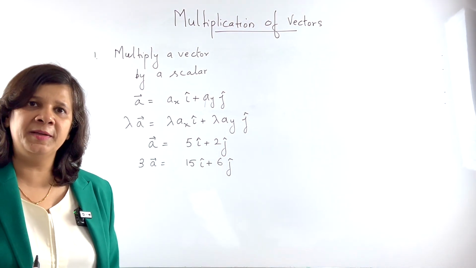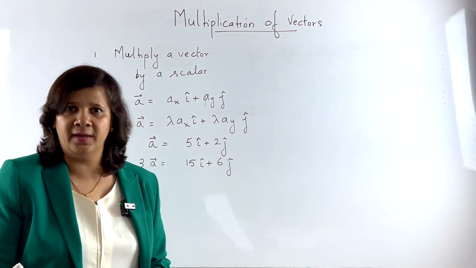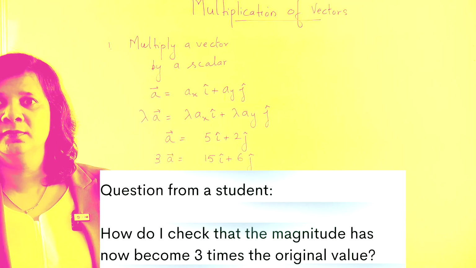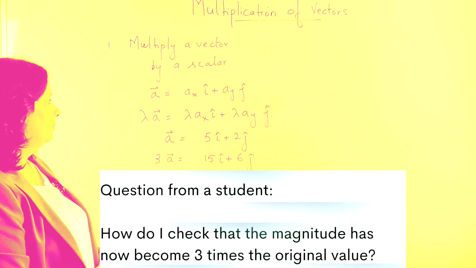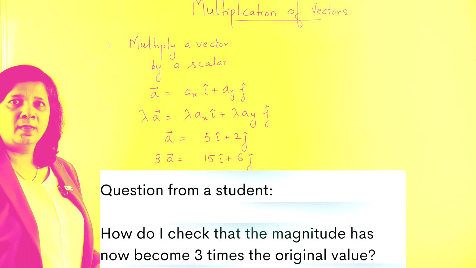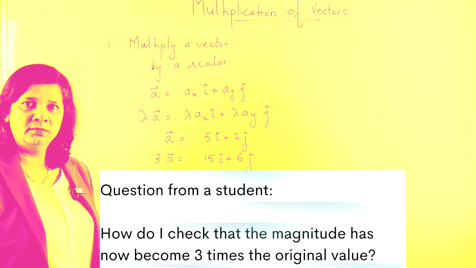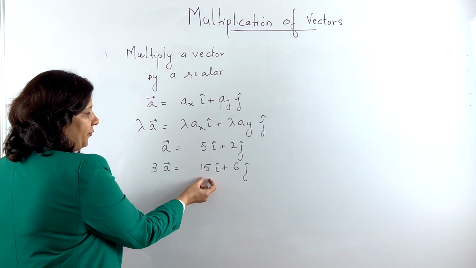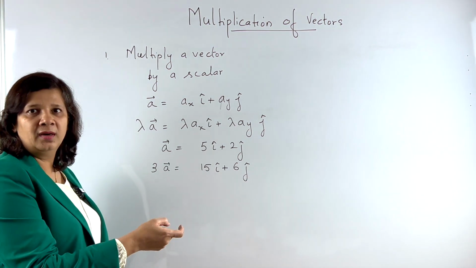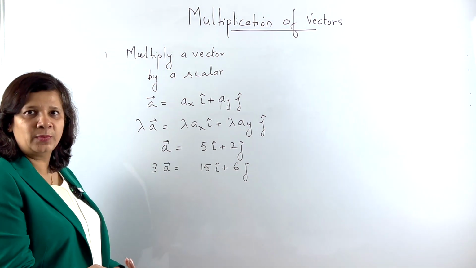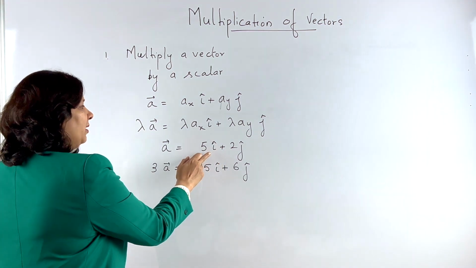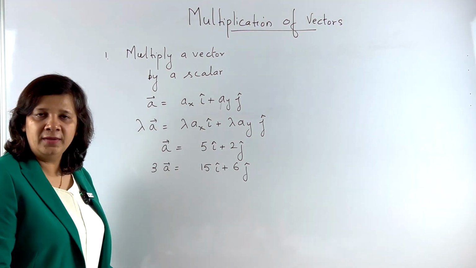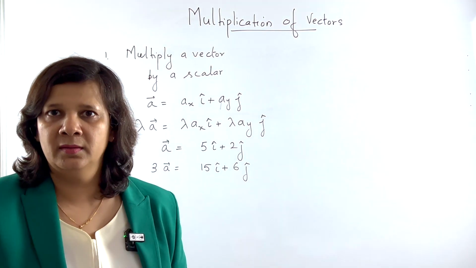I can also multiply this vector by 1 by lambda. So you can find the magnitude of this vector by 15 square plus 6 square under root. And when you find the magnitude of this vector, this will be 3 times the magnitude of the vector A, which you find by doing 5 square plus 2 square, the square root.